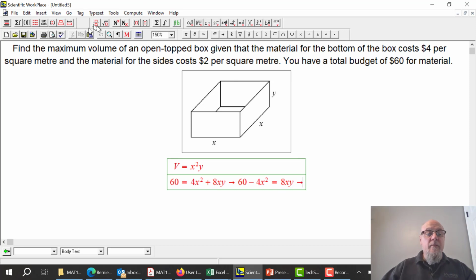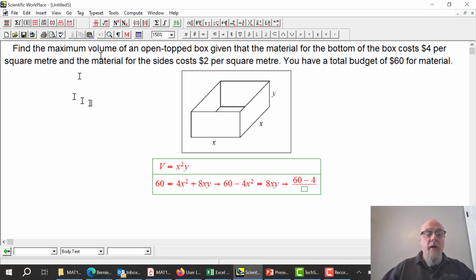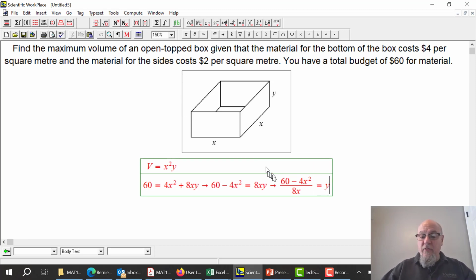So that's going to be 60 minus 4x squared, all divided by 8x, equals y. I know I can simplify this a little bit, but I'm going to leave that till the end. If I spend $60 on the box, here's my equation of y in terms of x.